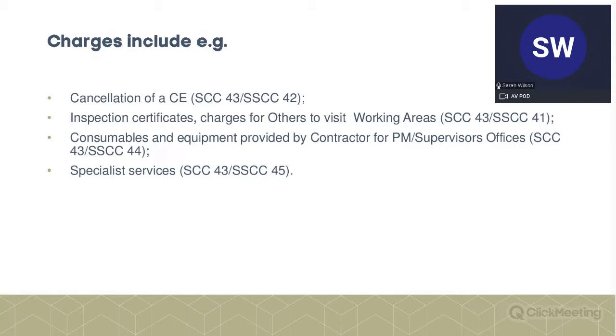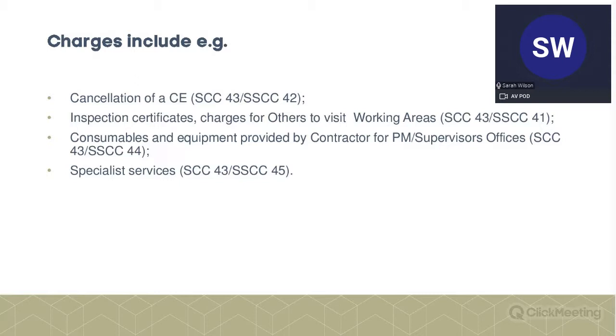It also includes the cancellation of a compensation event and things like inspection certificates, charges for others to visit working areas. So we've just stepped back again here.